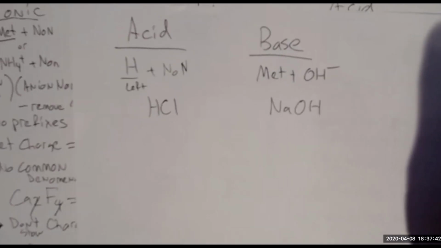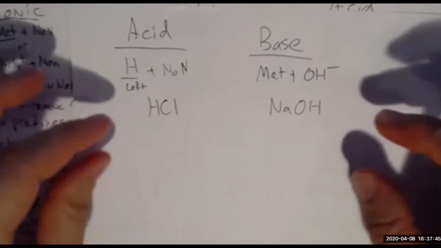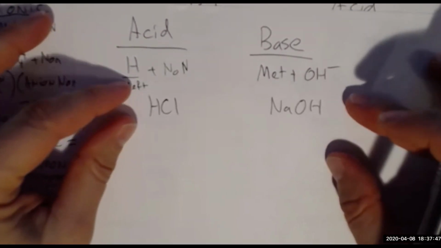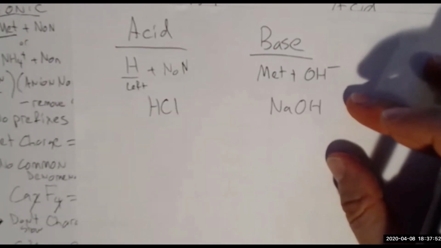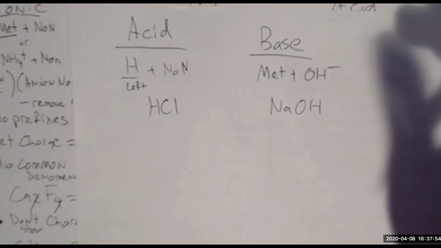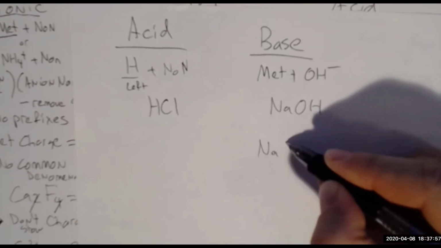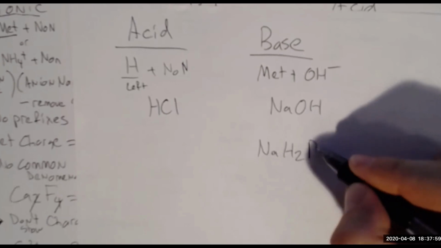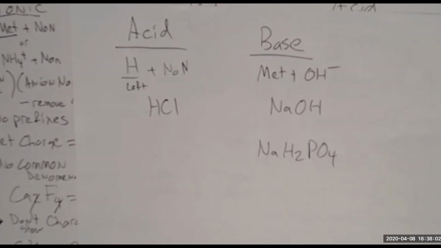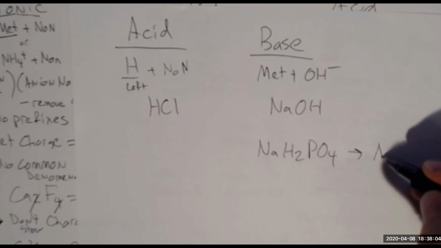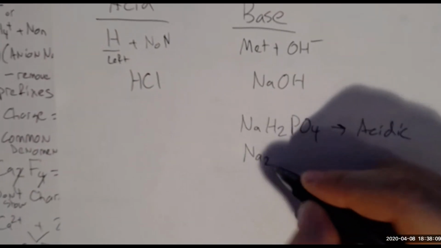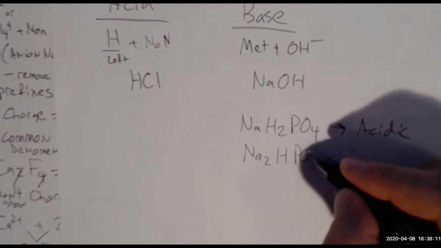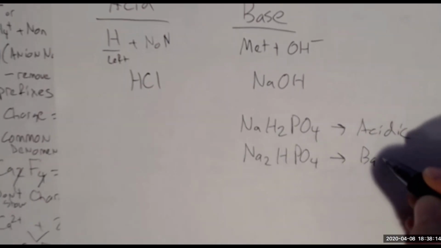There are other cases of acids and bases. There are ionic compounds that can act acidic, and there are ionic compounds that can act basic. Like NaH2PO4 is technically acidic, but Na2HPO4 is basic.